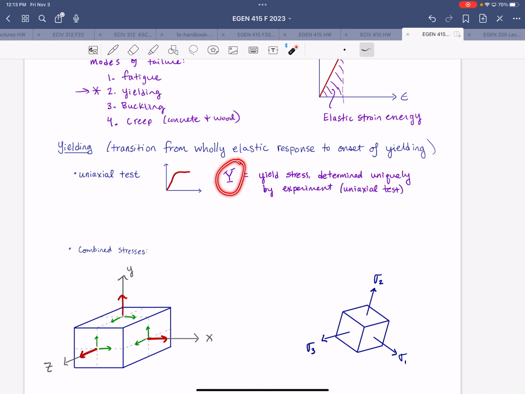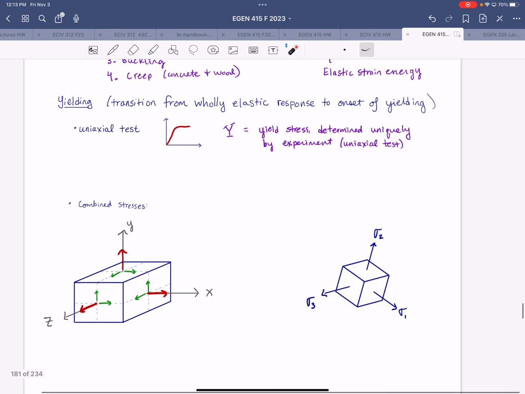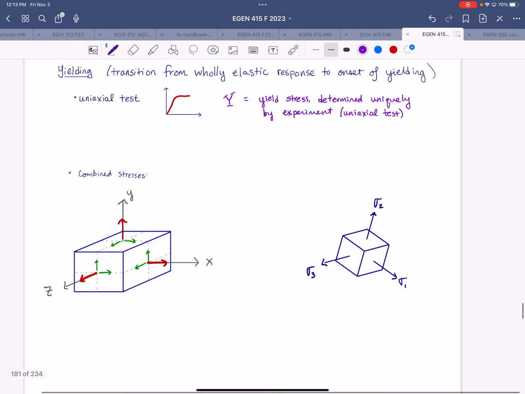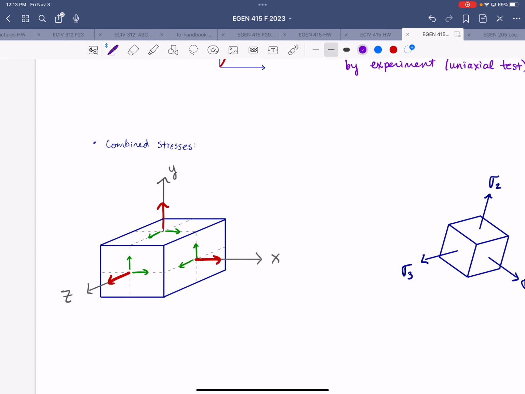The reason I'm using a capital Y here instead of a sigma Y is because I don't want to confuse it with normal stress in the Y direction. So for a 3D segment of material, we have 6 total stresses that act on that element: normal stress in X, normal stress in Y, and normal stress in Z. Also the shear stress in the XY plane, the shear stress in the YZ plane, and the shear stress in the XZ plane.